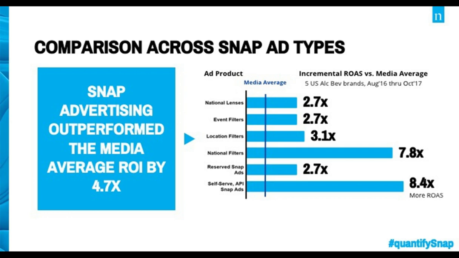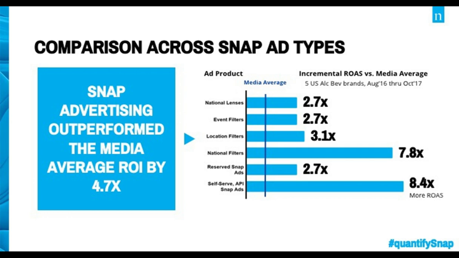On the whole it is almost 5x, with most hovering around 3, but two really stood out. National filters and self-serve API Snap ads had about 8 times the ROI of the overall media average. So all of them really outperformed the other alternatives on equal footing within the measurement.